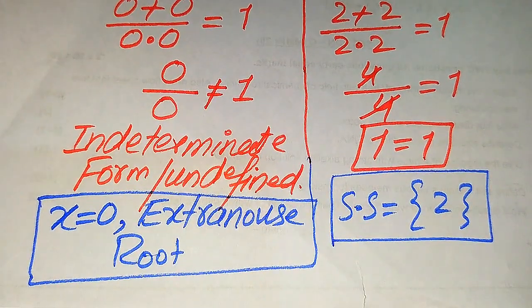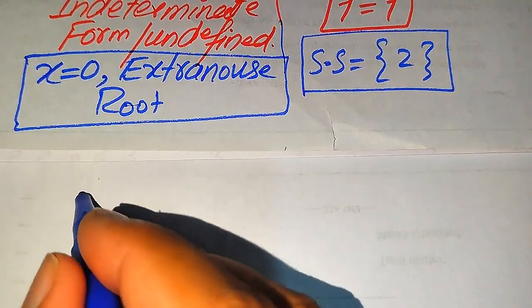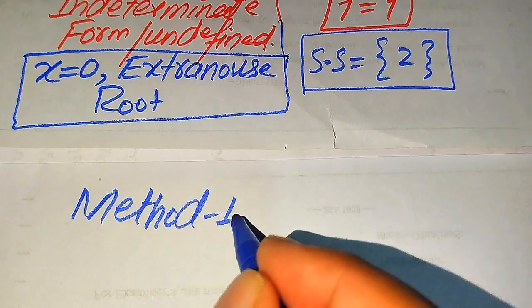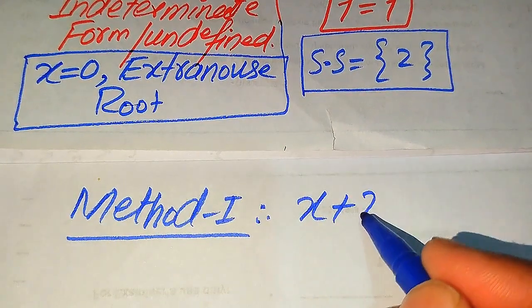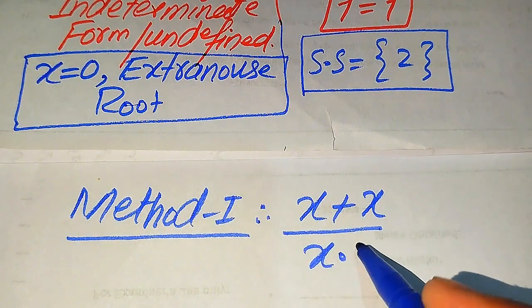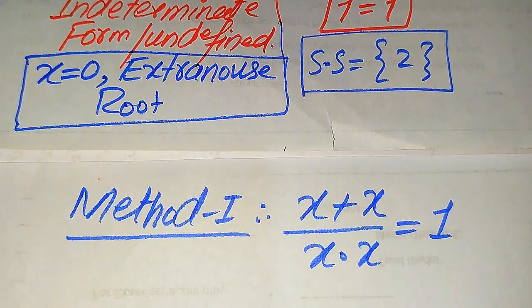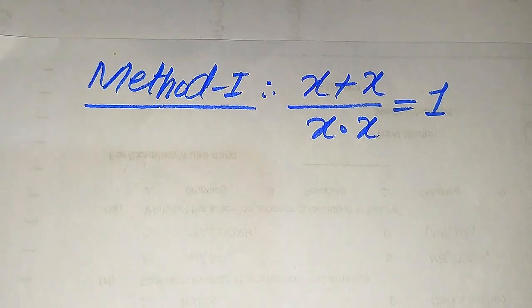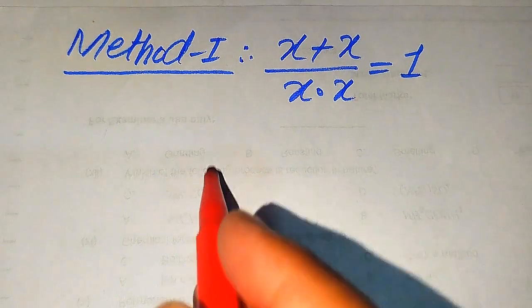Now we move towards our second method, and in the second method we need to copy down the given question statement here. The given question statement is x plus x divided by x multiplied by x is equal to 1. And here in the second method I can give you another smart technique in which you can easily get the values of x.